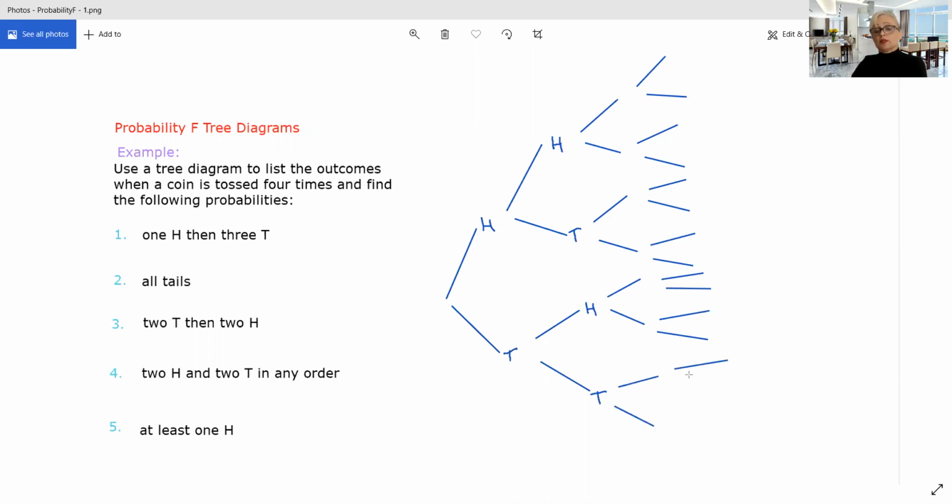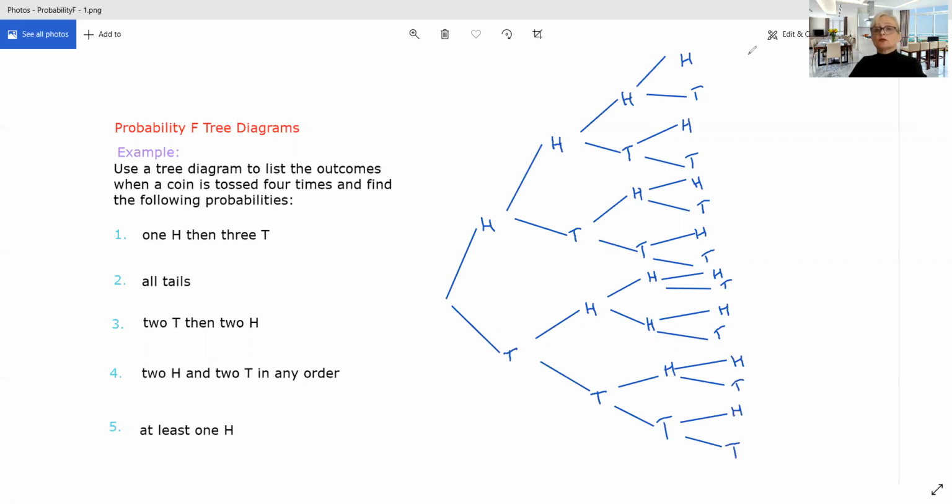Obviously, you wouldn't want to be doing this for tossing a coin 20 times because you would have an absolute mess. All right, so we're just going through and doing all our possibilities. Each time we toss a coin, it could be either a head or a tail.